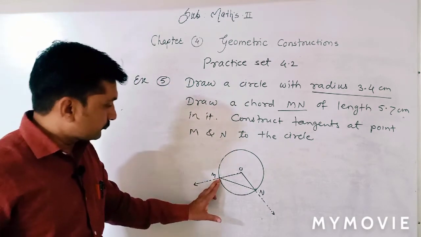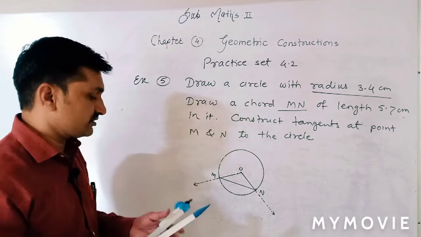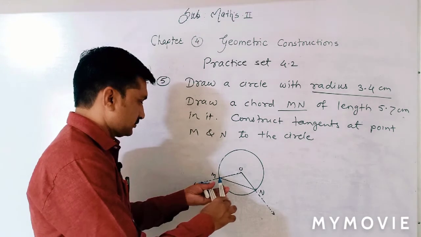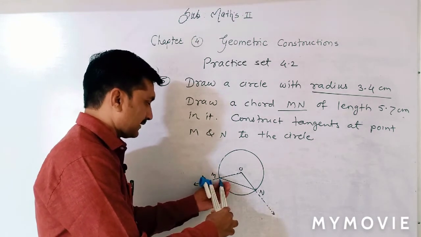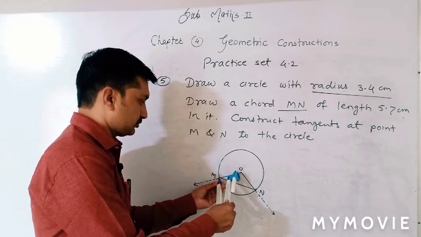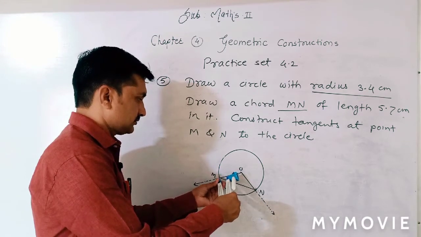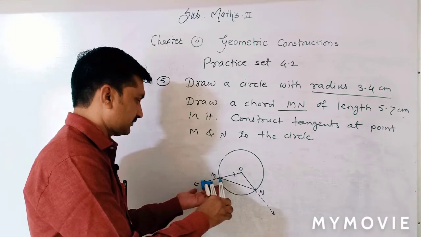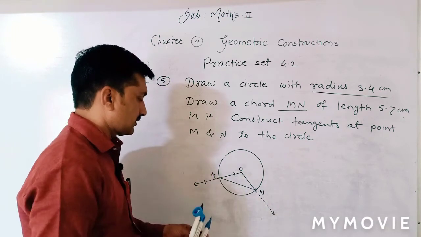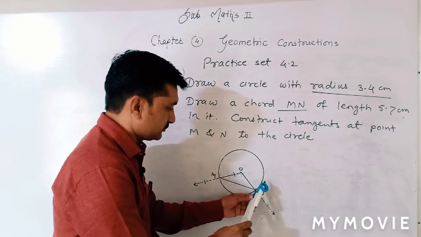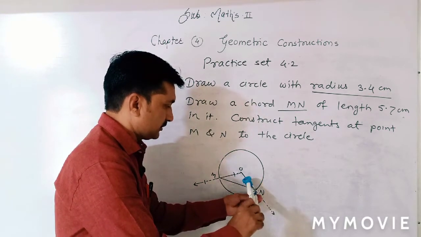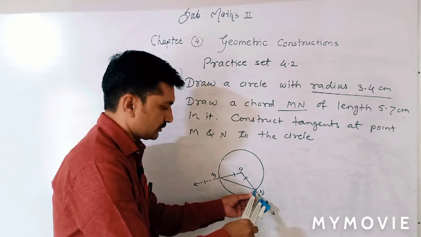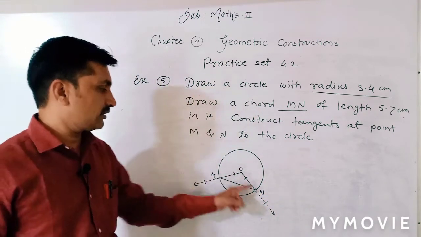After that we got point M, but the fixed distance is not there. Again using the compass, take a sufficient distance from M. Draw one arc on the right side and one arc on the left. In the same way from N also, up and down, on ray OM and ray ON.